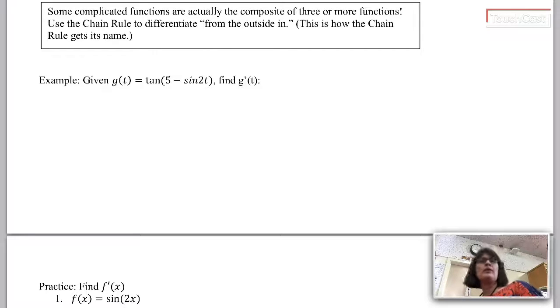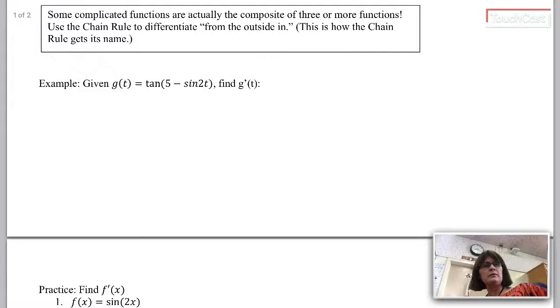So we could talk about this example. If g of t is tangent of 5 minus sine of 2t, find g prime of t. So here's what I want us to think about. We're going to take the derivative from the outside in. I'm going to use the pen and write g prime of t is.